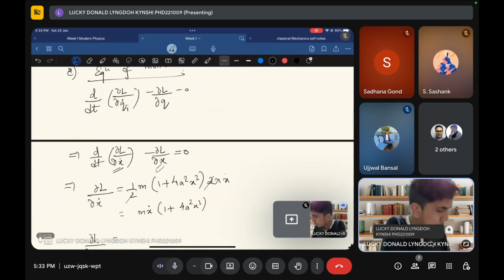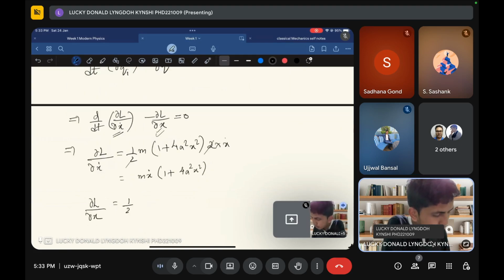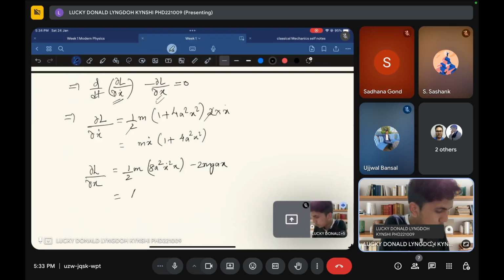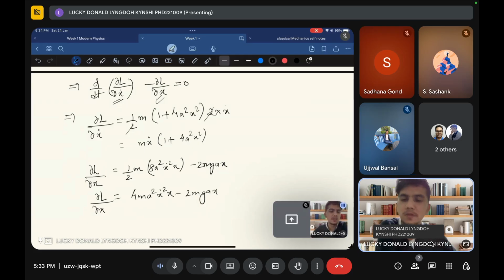So if you take the derivative, you will get half m, x, 8a square x dot square x, minus 2mg ax, and finally you will get 4m a square x dot square x minus 2mg ax. This is just taking the derivative of del L by del x and del L by del x dot, and let me name this as equation star.